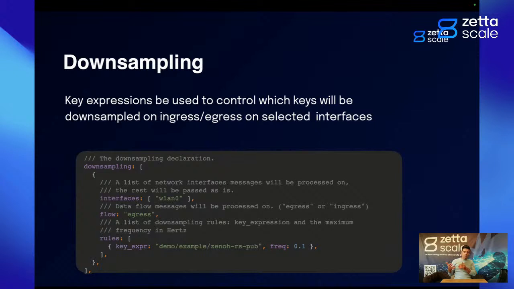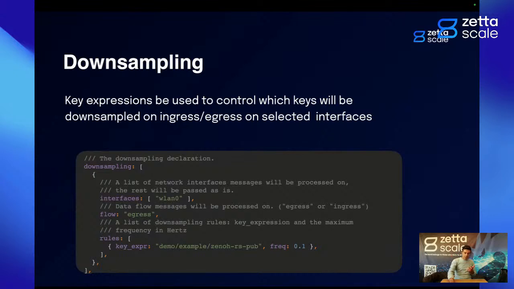And then the rules. So in this case, for instance, what we are saying is that, look, anything that gets out of the wireless LAN 0 for key demo example Zenoh RS pub, downsample to a frequency of 0.1 hertz. Okay, that's as simple as that. The rest is done by Zenoh.